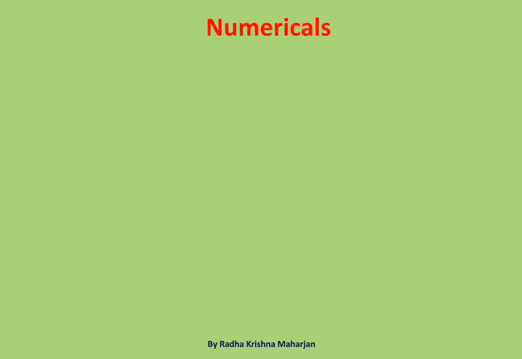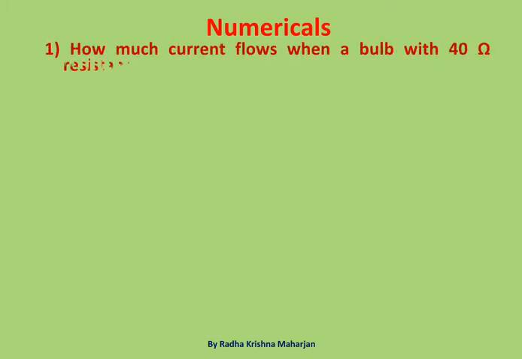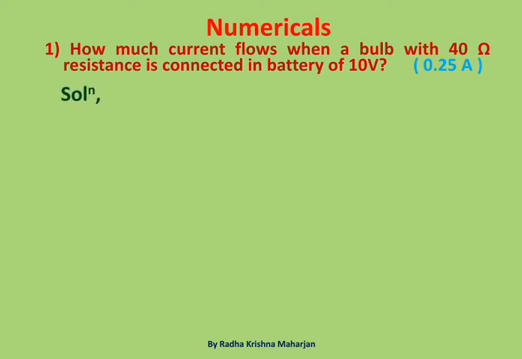Numericals. 1. How much current flows when a bulb with 40 ohm resistance is connected in battery of 10 volt? Solution. Resistance R equals 40 ohm.